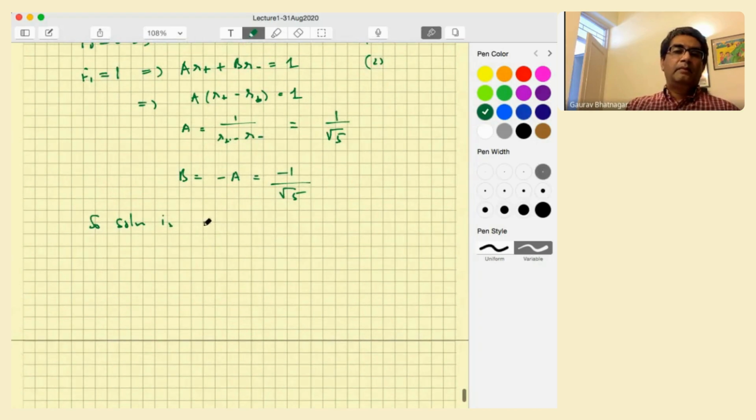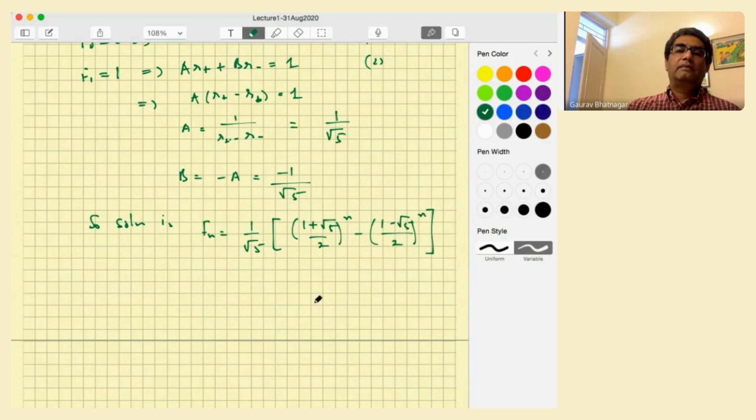So the solution is that the Fibonacci numbers are 1 over square root 5 times (R plus to the n minus R minus to the n). Just look at the second term. Square root 5 is 2 point something, so 1 minus square root 5 would be minus 1.2 something, and divided by 2, this is something smaller than 1 in absolute value.